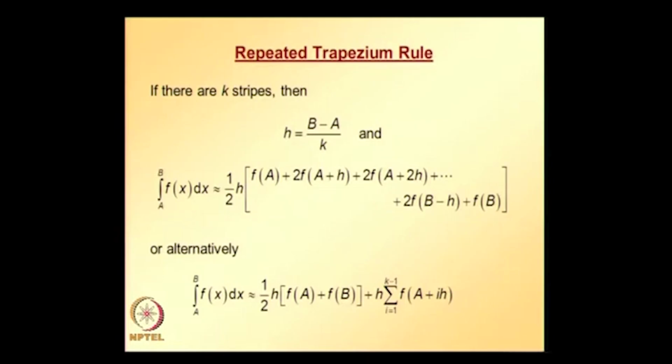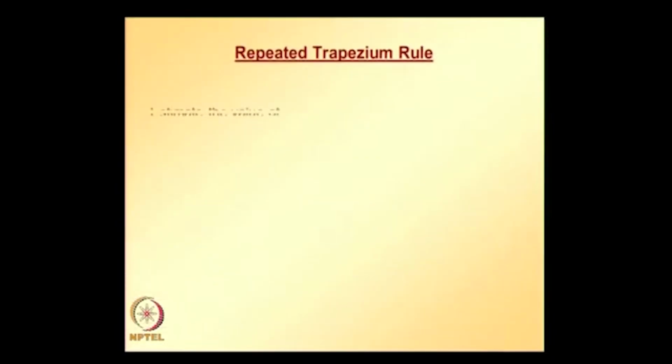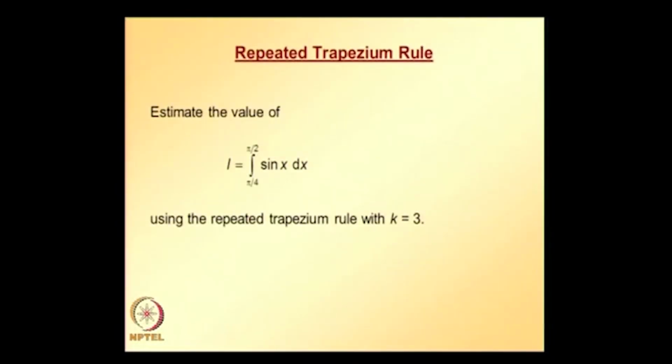So the previous example which we already considered can be solved using repeated trapezium rule with k equal to 3, applying this formula. The only thing is we need to know what h is here. h is going to be the upper limit minus the lower limit divided by k.